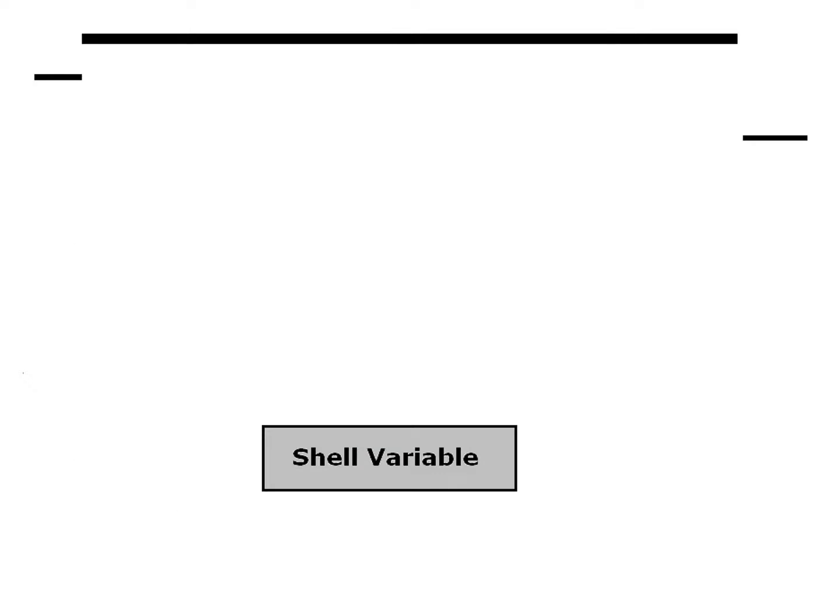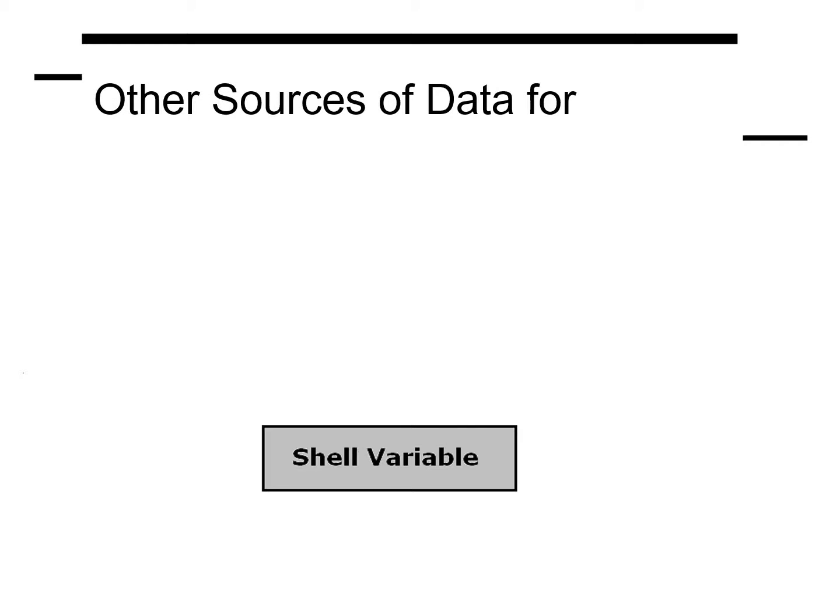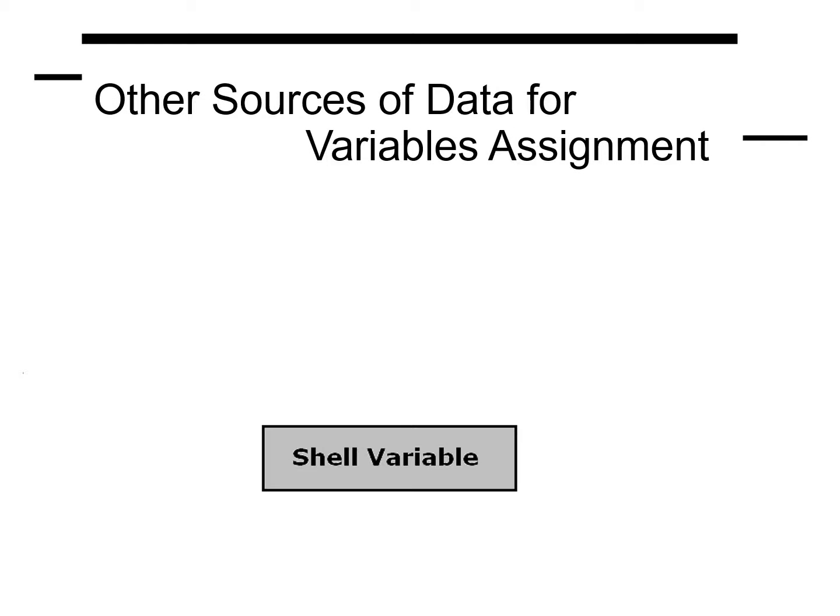We'll see in this slide other sources of data for variable assignment. We have seen so far the simplest way to assign contents for a variable. However, many other sources of data can be used to create variables. For instance, the shell can assign a value to a variable using another variable substitution.